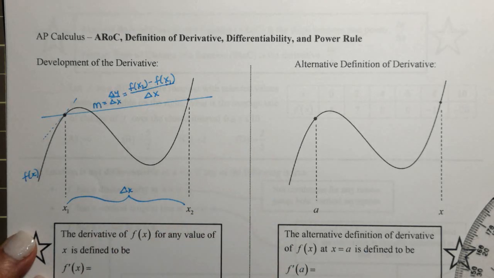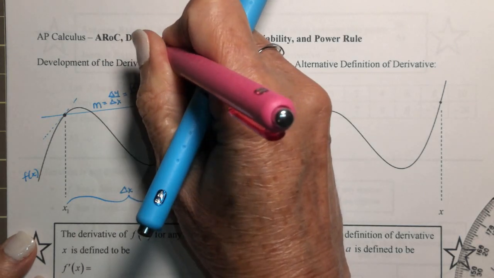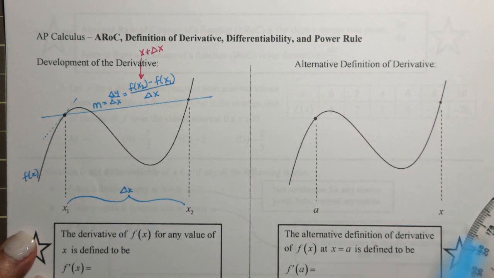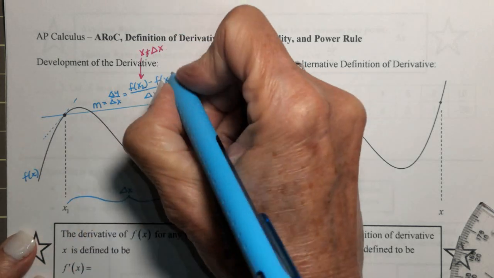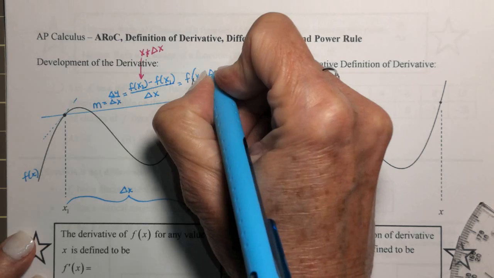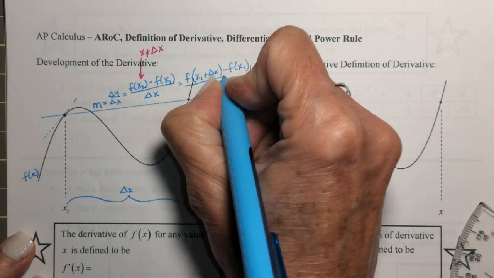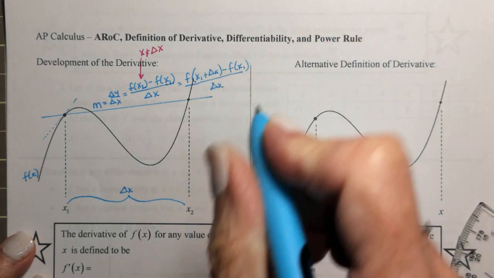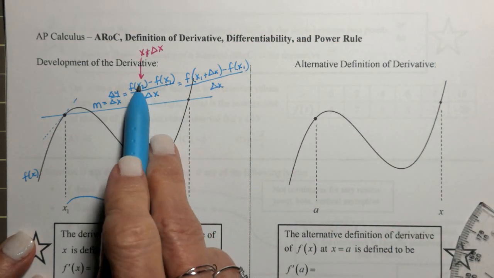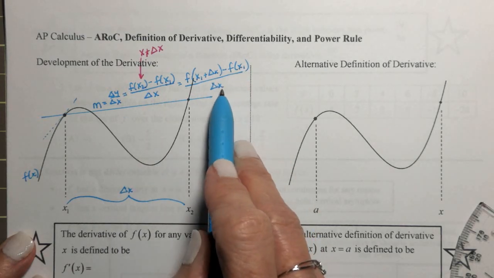So I'm going to replace x2 with x sub 1 plus change in x. So this will be f of x sub 1 plus change in x minus f of x sub 1, all over change in x. Now I went from 3 different x components to only 2 different x components.